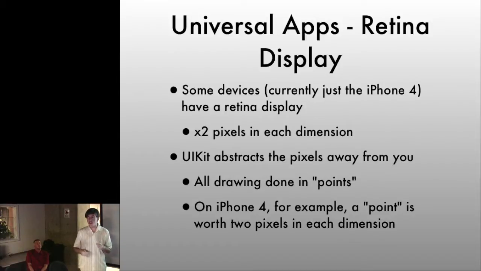So the iPhone 4 screen and the iPhone 3GS screen have the same number of points, but the iPhone 4 has twice as many pixels. So you can, in some sense, say an iPhone 4 point is really 2x2 pixels. So it's a nice abstraction, so that way you don't have to really worry about the actual pixel density on your device. You just know how many points it has, and it does all the right rendering and drawing for you.